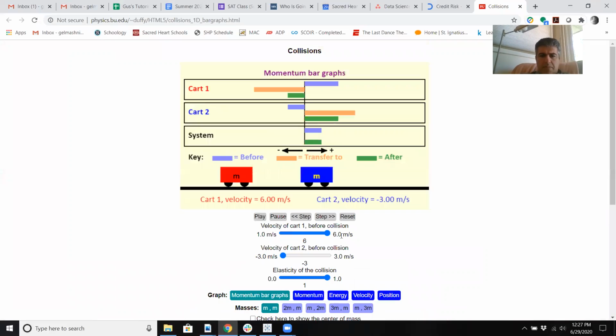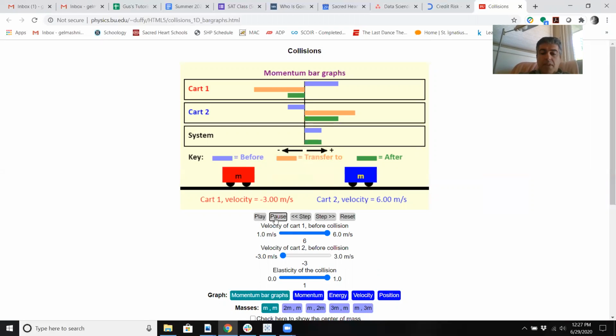Masses are the same. And we're going to pay careful attention to the change in velocity afterwards. So right now, it's 6 for cart 1, and that's going to the right, and -3 for the blue cart, that's going to the left. And their masses are the same. So let's play right now.